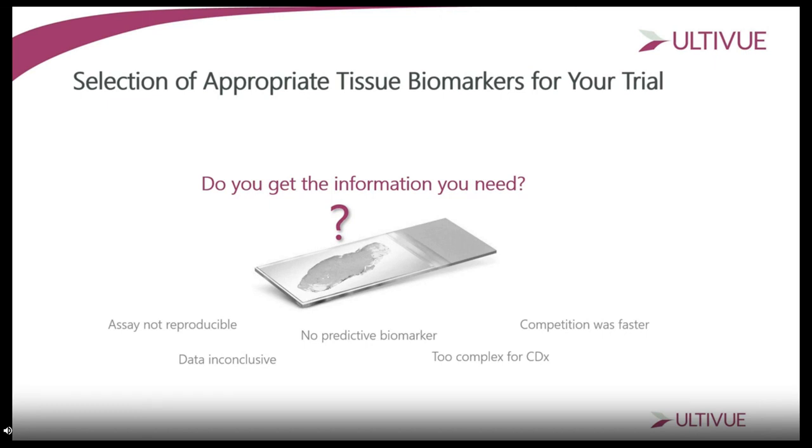And this is not always the case. So data are sometimes inconclusive, or the biomarkers that have been selected are not predictive, or simply the assay shows not to be reproducible, or is too complex to move in the path towards clinical development.